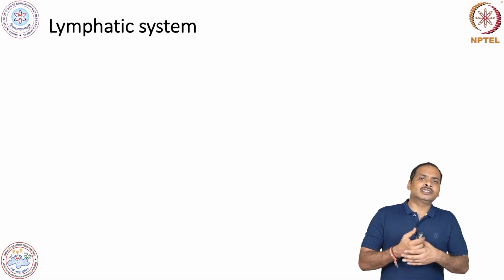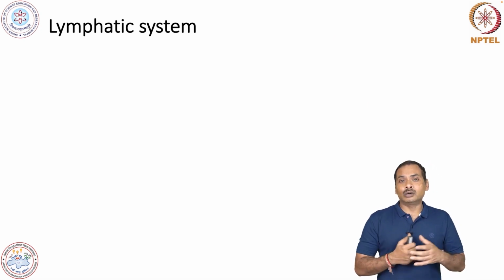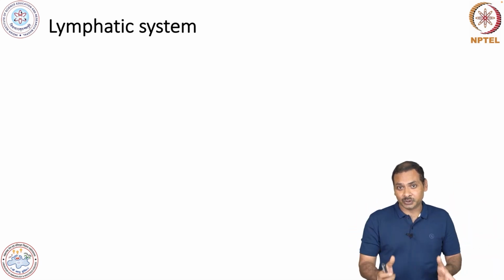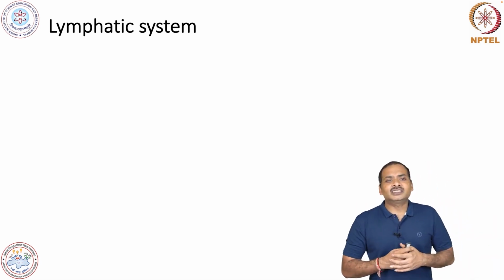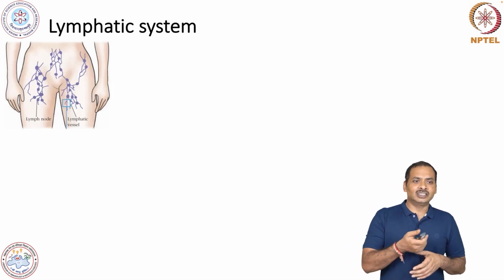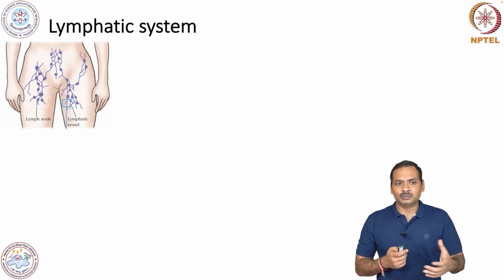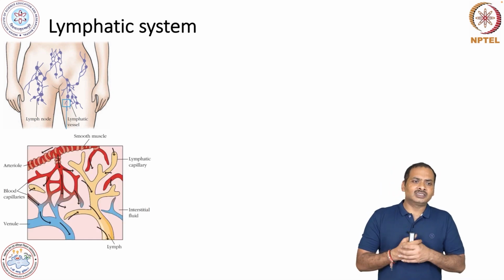Now let's look at the lymphatic system. This is the most important component in order to integrate the immunity. Here you can see this is a lymph node. There is a series of lymph nodes present in our body. And what is this lymph?